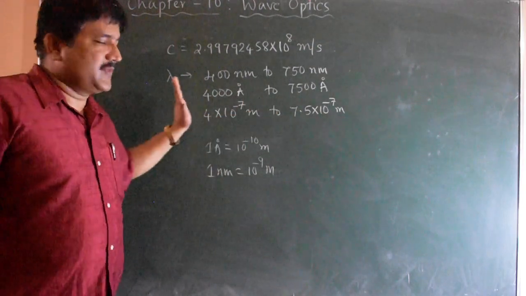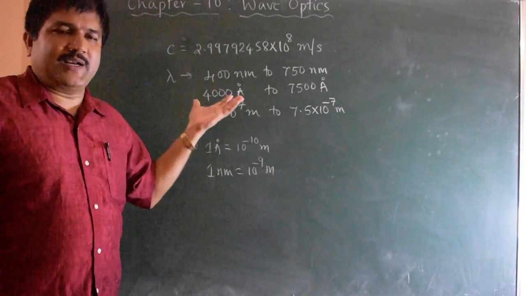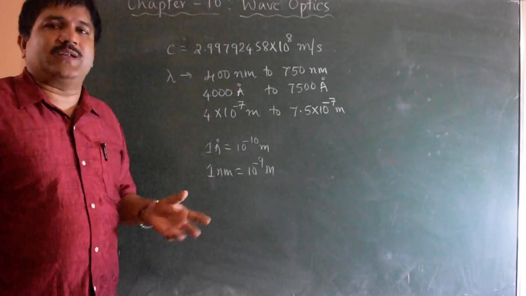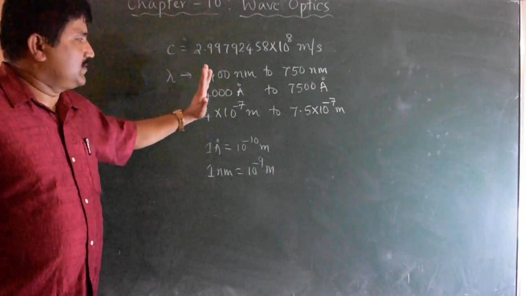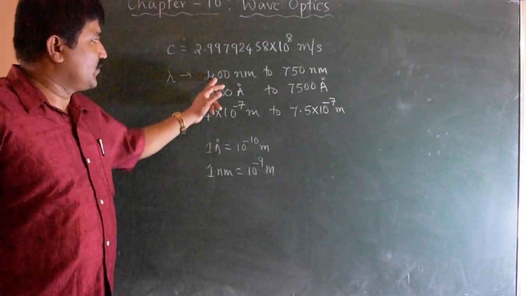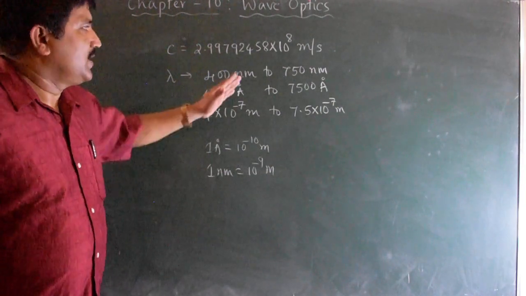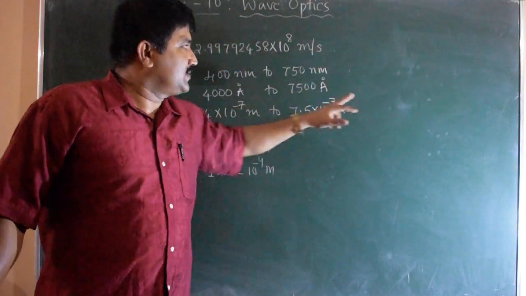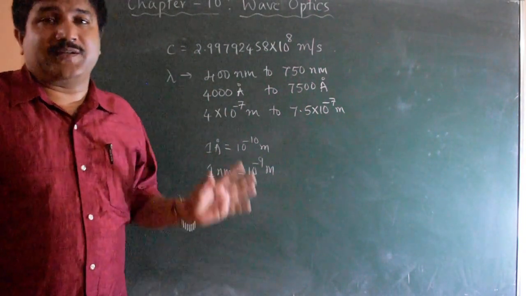The light within this wavelength is visible to us. Other radiation, maybe 300 nanometer or 900 nanometer, is not visible to us. Electromagnetic radiation with wavelength less than 400 nanometer falls under ultraviolet radiation, whereas wavelength greater than 750 nanometer falls under infrared radiation.